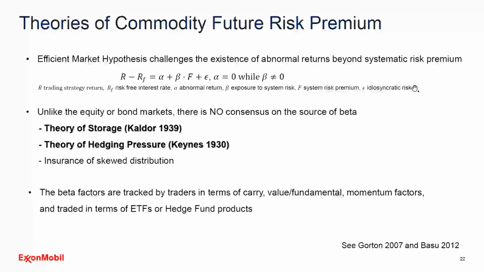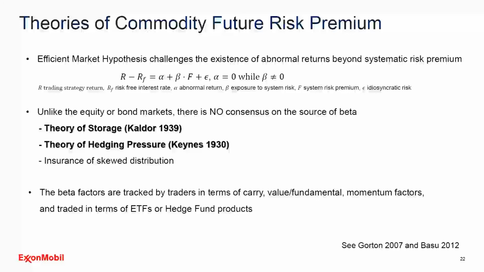So the efficient market hypothesis could be represented mathematically as the excess return, which is defined as the total return minus the risk-free interest rate, can be decomposed into alpha and beta and the residual part. And the beta stands for the systematic risk.